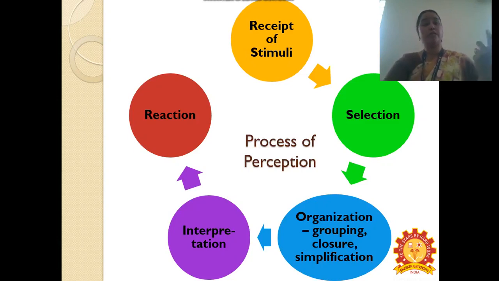Some people may overreact, some people may be cowardly, they may come up with changes in attitudes, or some people may not react at all. So reaction is a result of interpretation. The process of perception consists of 5 steps: receiving stimuli, selection, organization, interpretation and reaction.